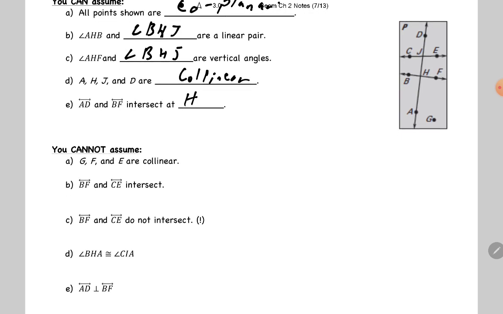BHA and CJA, they're probably talking about CJA. Can't assume they're congruent if they look congruent. They need the marking that I just drew there in order to be congruent.